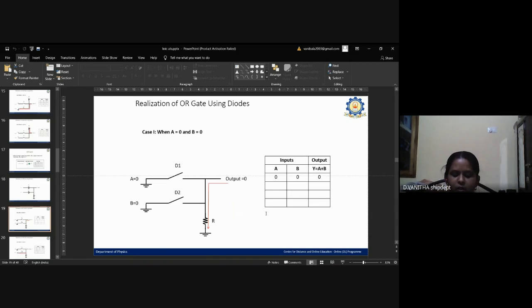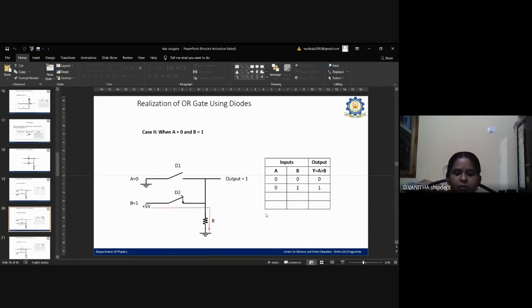So here, if A is equal to 0 and B is equal to 0, then the output is logic 0. In this case, the diodes do not conduct, so there is no current passing through the resistor and no voltage across the terminals. As a result, the output voltage is the same as ground.